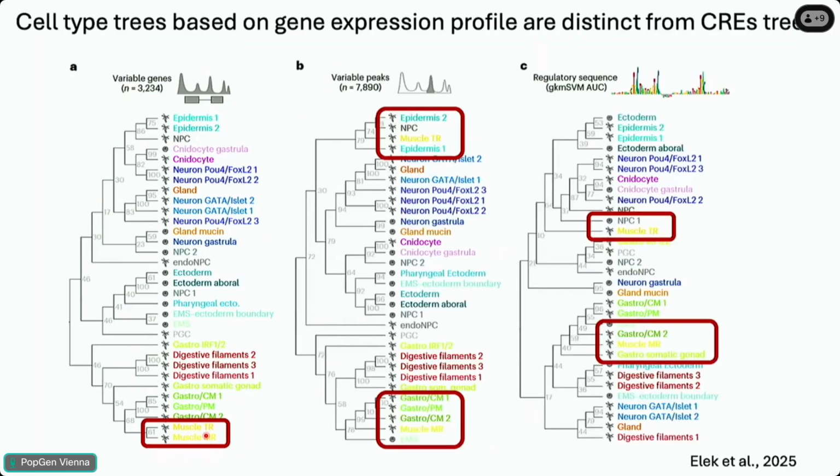But if we look at ATAC-seq peaks and the variable peaks, and we do a tree based on this, then they actually separate at very distant levels of this tree. And if they analyzed the underlying regulatory sequences underneath these peaks, then even then they're getting separated again.